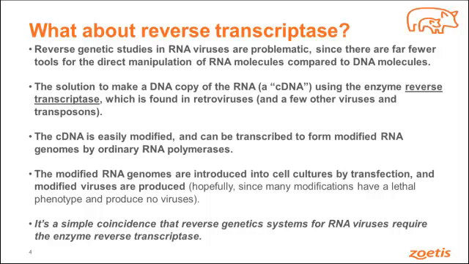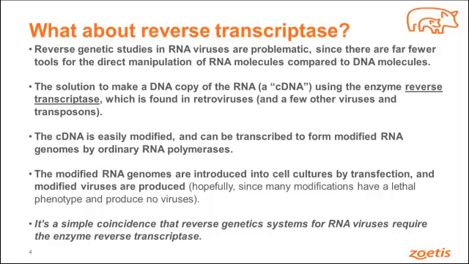So how does reverse transcriptase come into the picture? Well, with RNA genomes especially, there's an extra level of difficulty because we don't have the molecular tools to directly manipulate RNA genomes compared to DNA genomes. So the solution is to make a DNA copy of the RNA, or a cDNA.